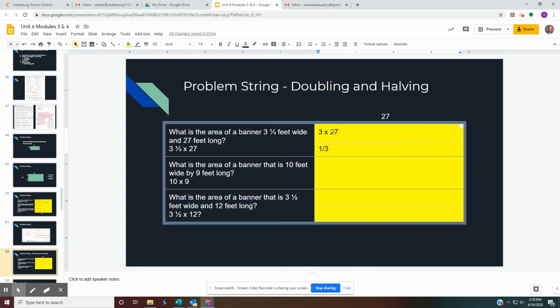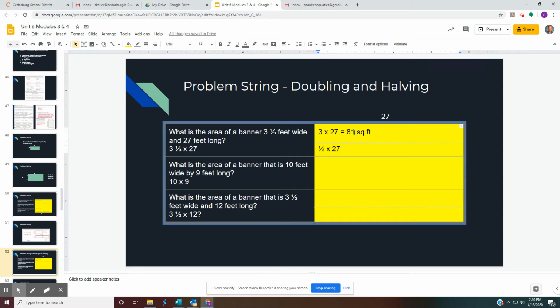And then we have to multiply this array by 27, because we're not changing the length at all. We're changing the width. So what is 3 times 27? Go ahead and pause the video and figure that out. Good. I'm sure you came up with 81 feet or 81 square feet, right?